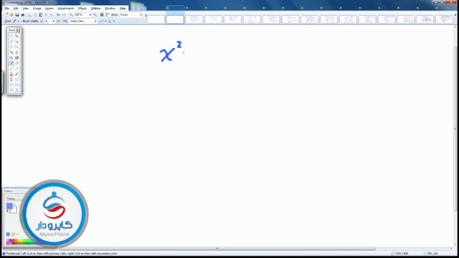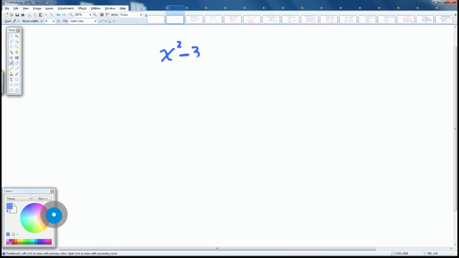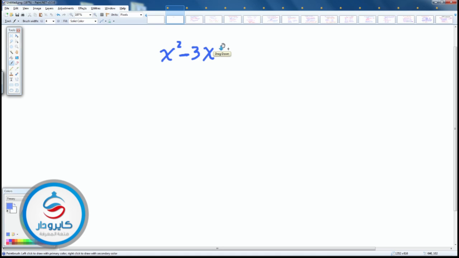That means (x squared minus 3x plus 1) all to the power of 2 equals 0. Cancel the power of 2. Now we get x squared minus 3x plus 1 equals 0.